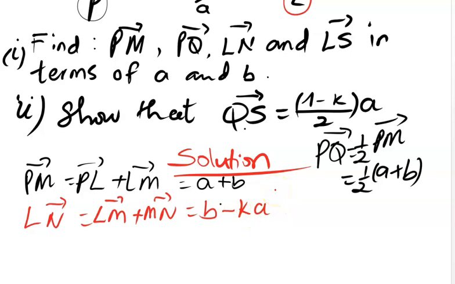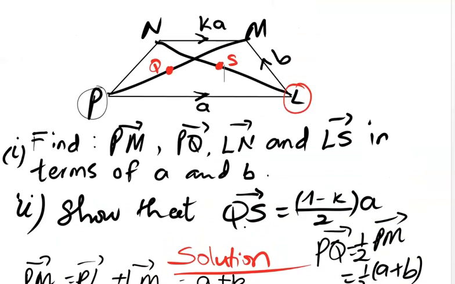Now we equally have LS. Let's go back to our vector diagram. S is the midpoint of LN. What does that mean? It means from L to S will be half of all of this line, half of L to N. So LS is half LN.